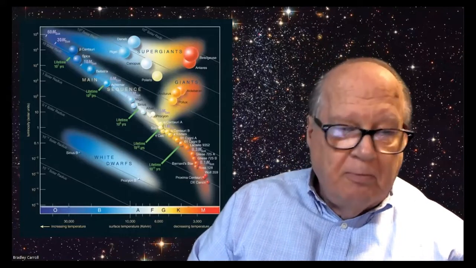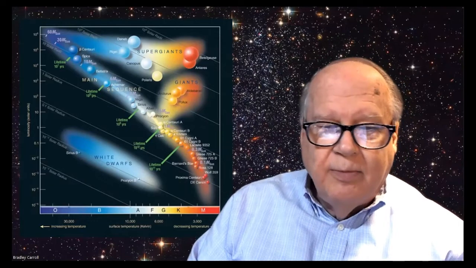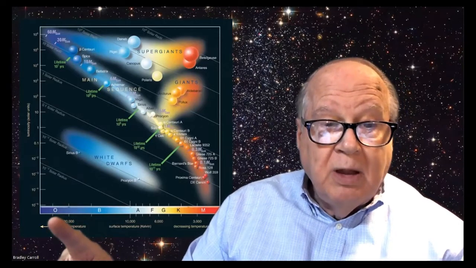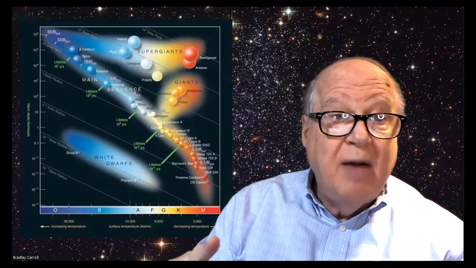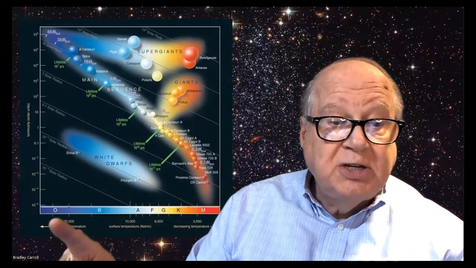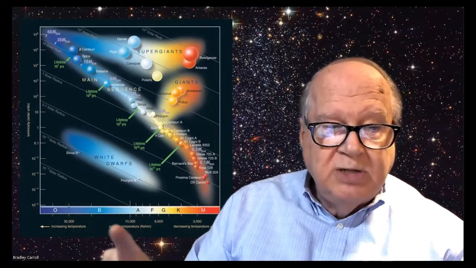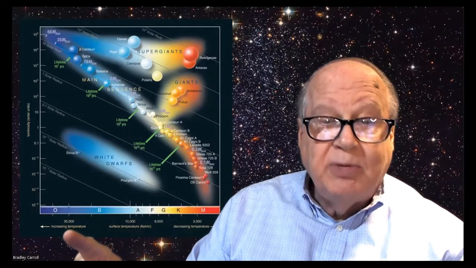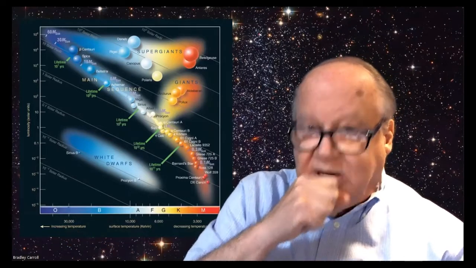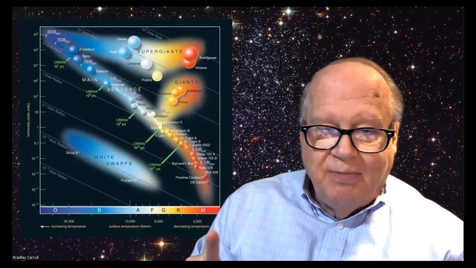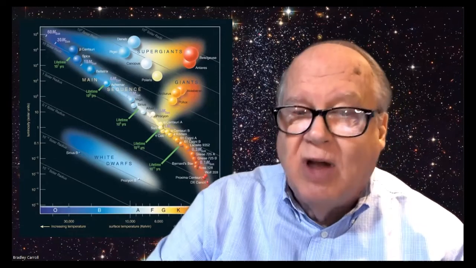On the horizontal axis, you can see the star's spectral sequence, O, B, A, F, G, K, M. So hot stars on the left, cool stars on the right. So these stars, you can see at the bottom there, have a temperature of about 30,000 degrees on their surface. And these stars, the M stars, have a temperature of about 3,000 degrees on their surface.